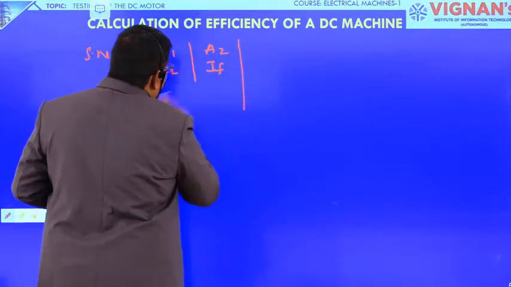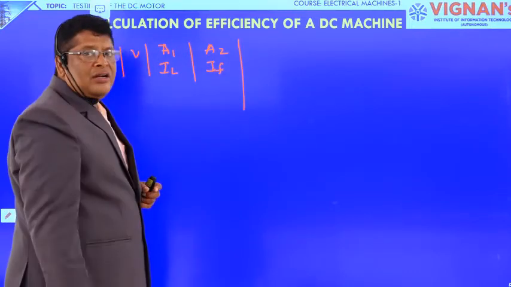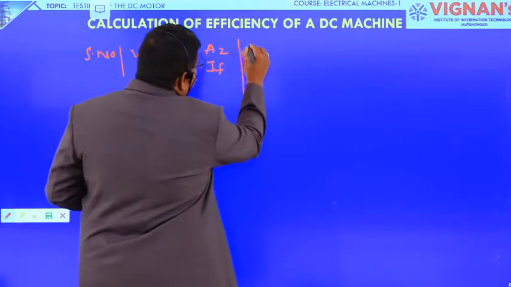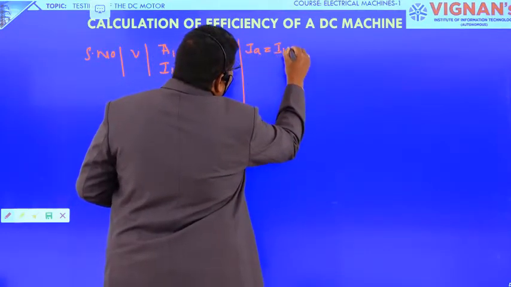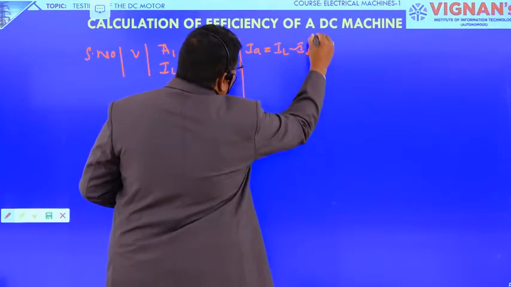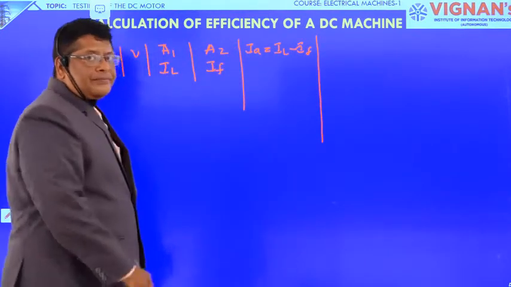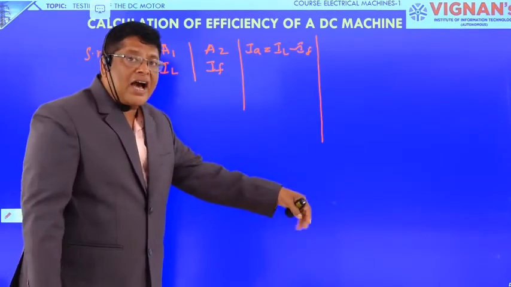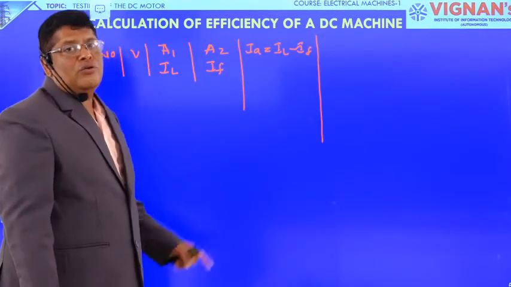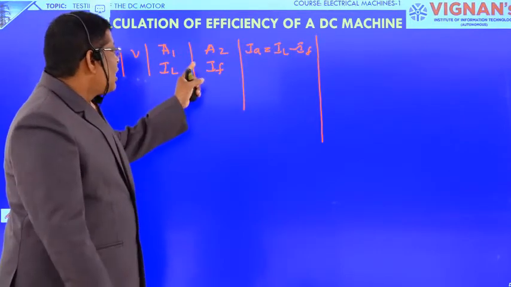Now from this line current and field current, you can calculate the armature current, IA equal to IL minus IF. How much current is flowing through the armature? That is equal to input current minus shunt field current.